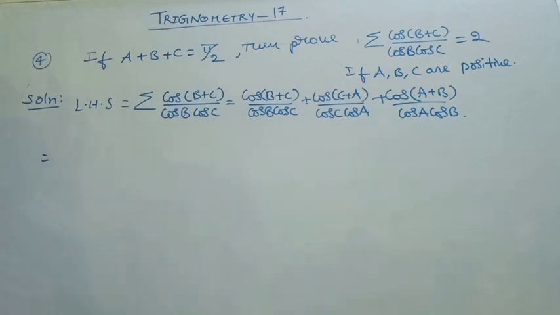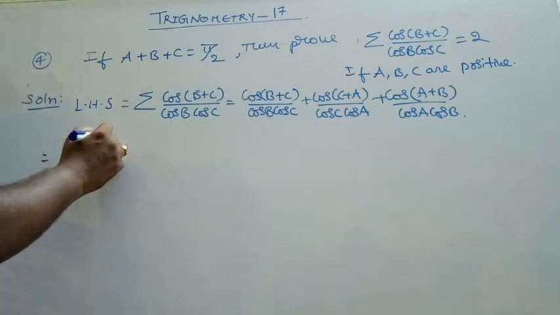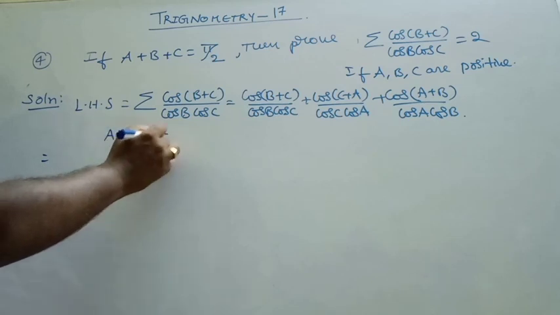Now for this, they have given that A + B + C is equal to π/2.